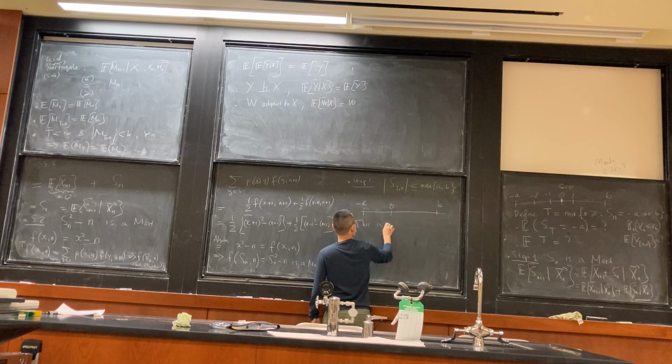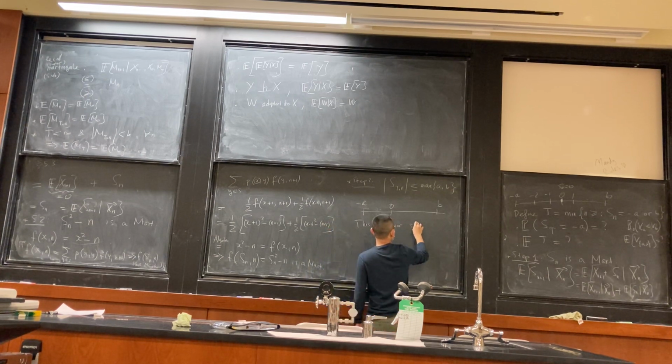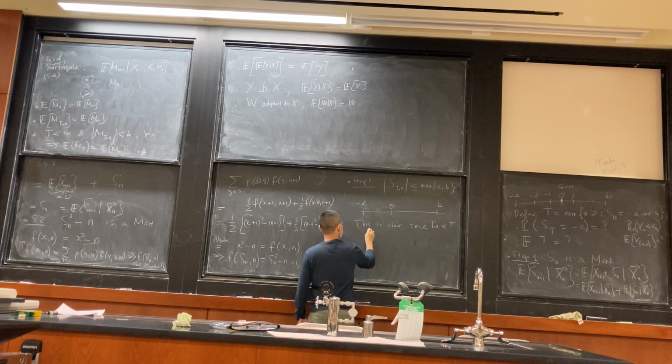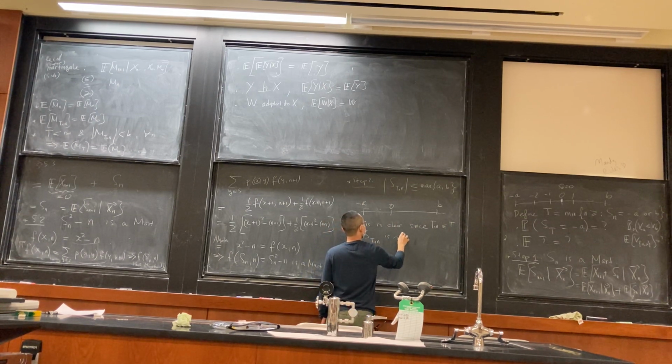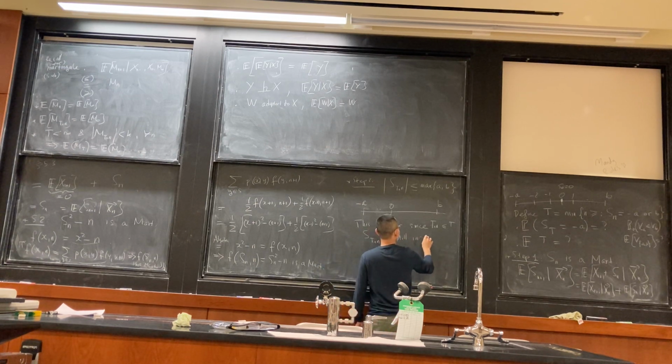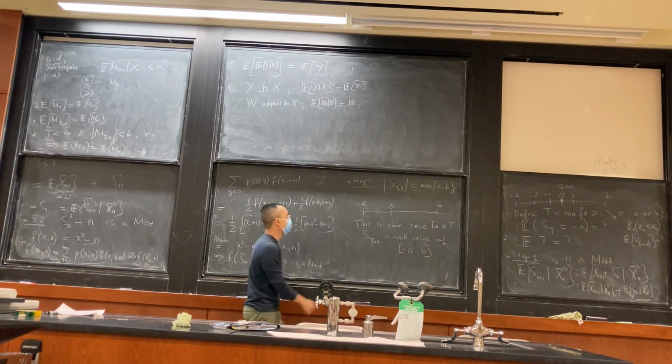This is clear. Since we already know T minimum n is less than T, S of T minimum n is still inside the interval from minus a to b.